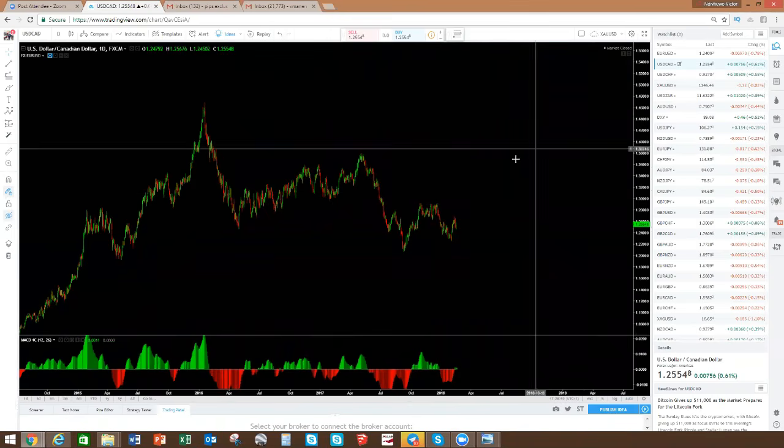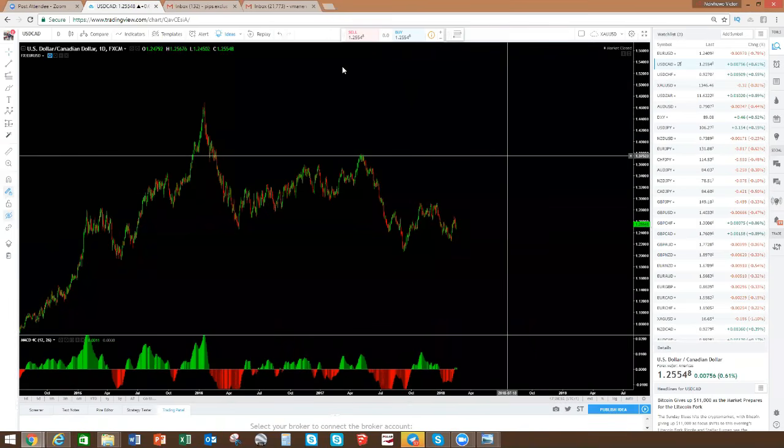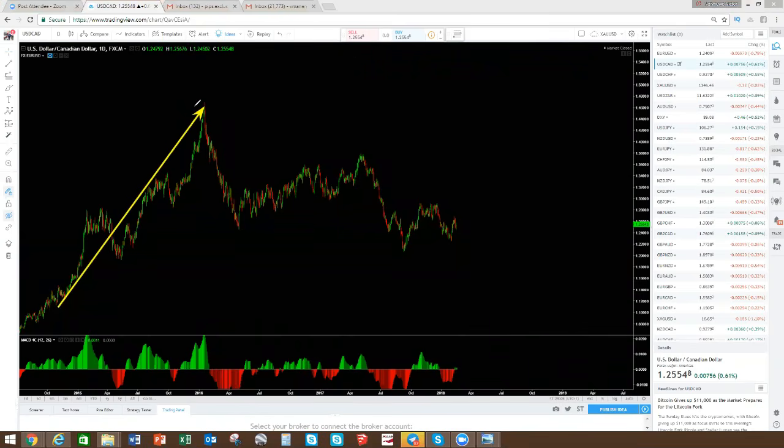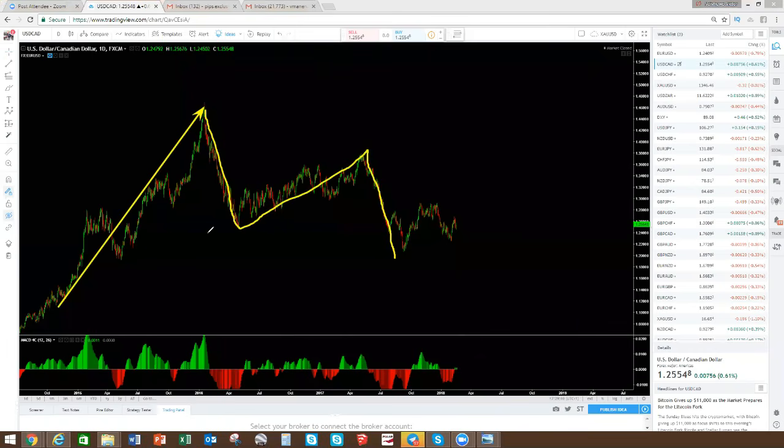So you should get divergence. So let's look at US dollar CAD. As you can see here, we had that big impulsive move from right at the swing low here. Now we're getting this 1, 2, 3 here. Not 1, 2, 3, ABC. ABC here. Okay.